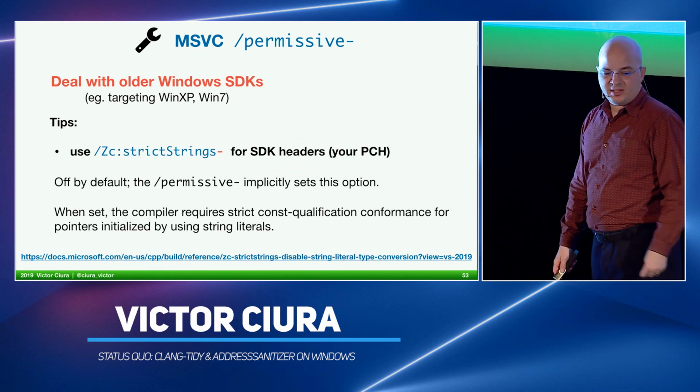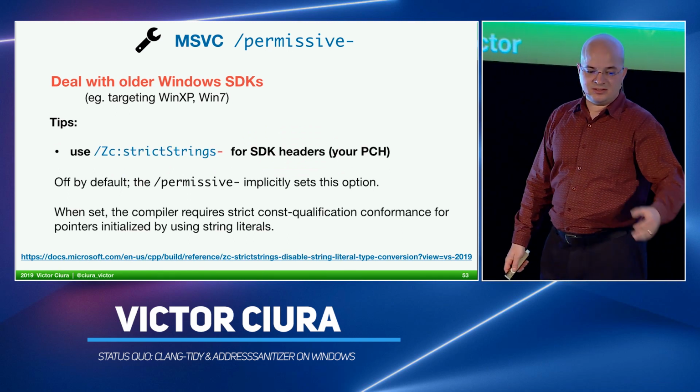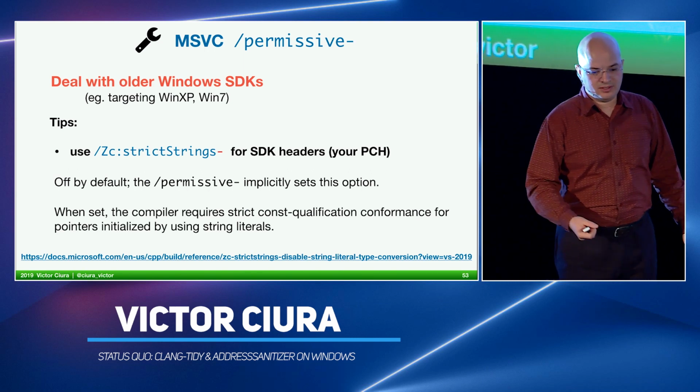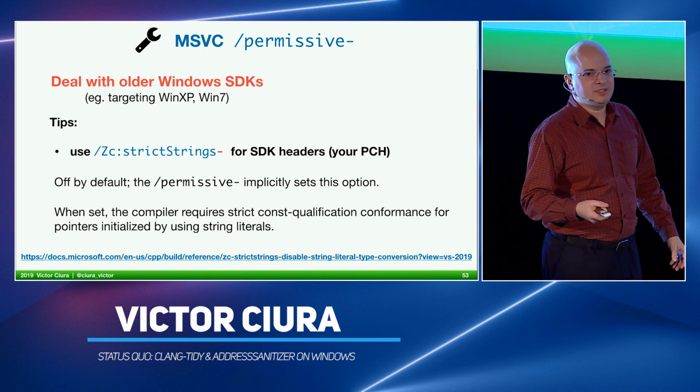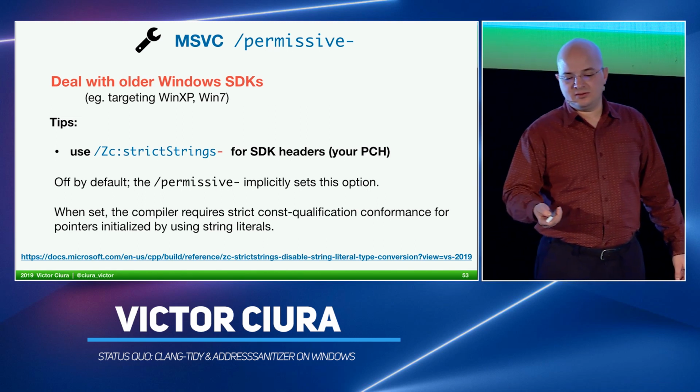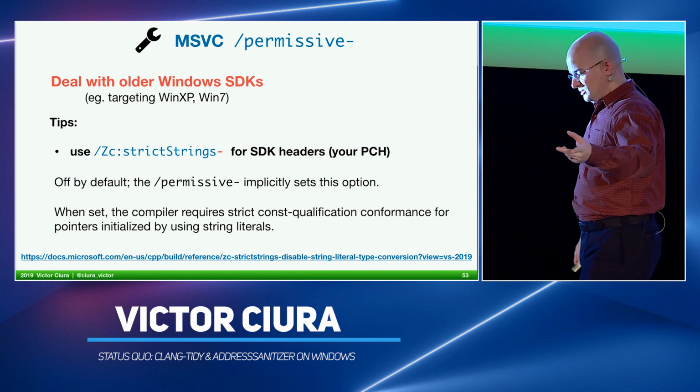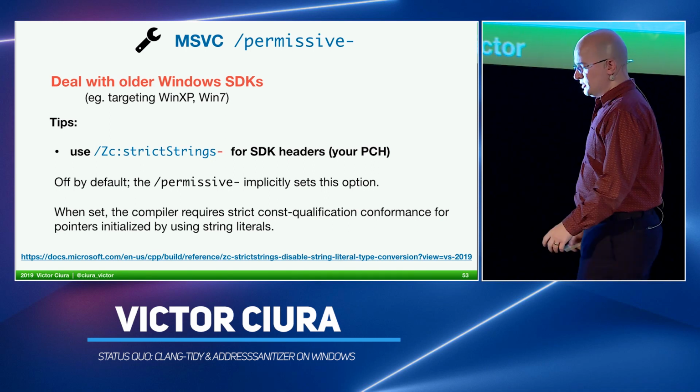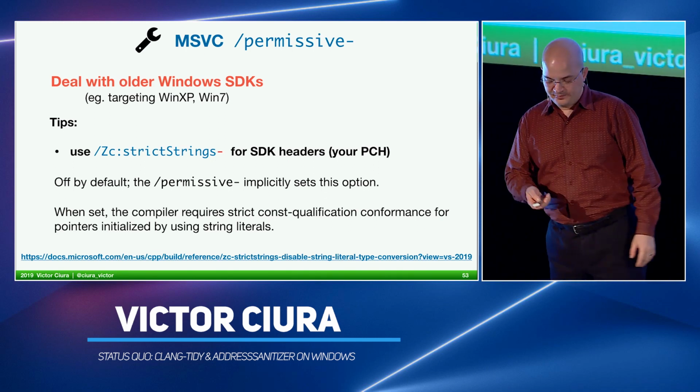By default, permissive minus sets this strict strings option. If you're dealing with a third-party library or third-party code that you don't control, it might be a good idea to just suppress the strict strings checks in the permissive minus compiler.